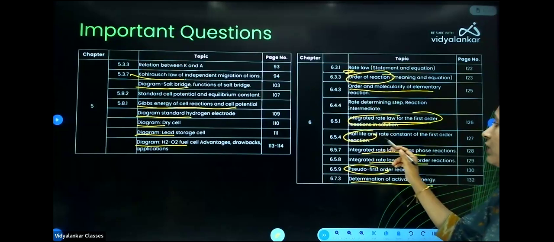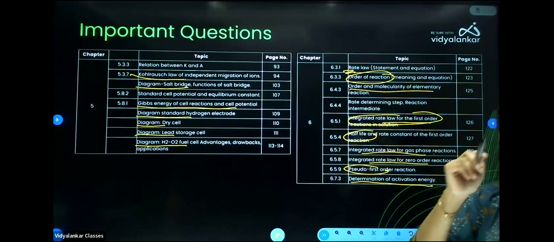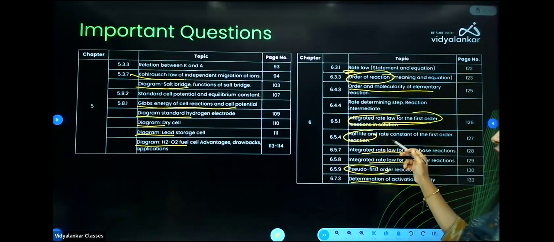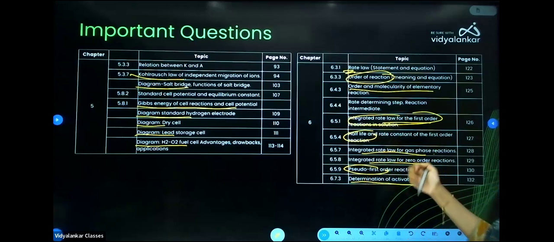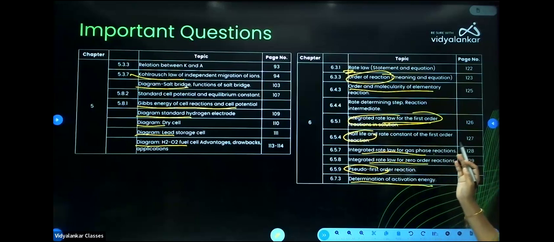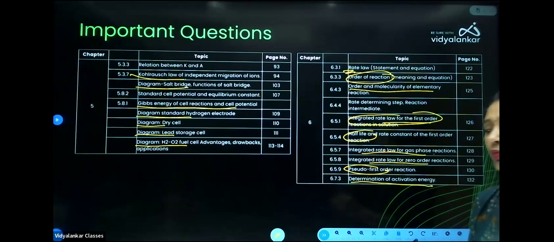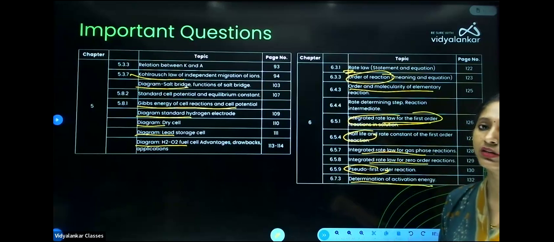A numerical based on half life is important; the question can be asked for 1 mark, so focus on it. After that, the Arrhenius equation numerical is also important, so focus on this chapter considering definitions, derivations and numericals. Solve all the numericals given in the textbook.